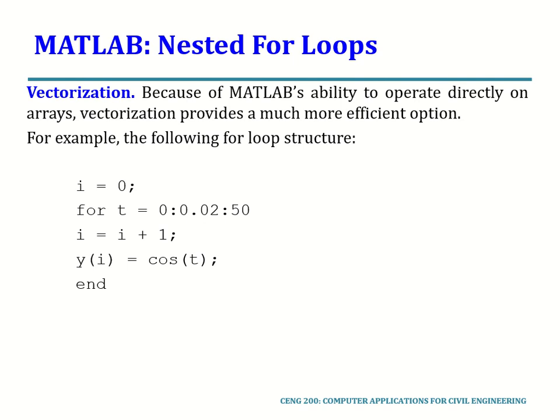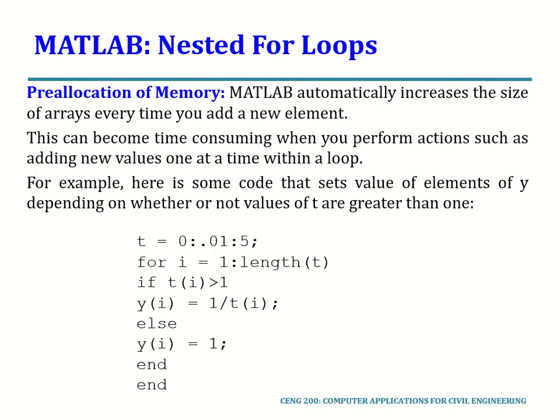Assigning 250 values in t will take less time as compared to assigning a value each time into y. So you can do pre-allocation of the memory. You can see another example here. In this example, we are calculating the value of y, and y can be either 1 or 1 by t.